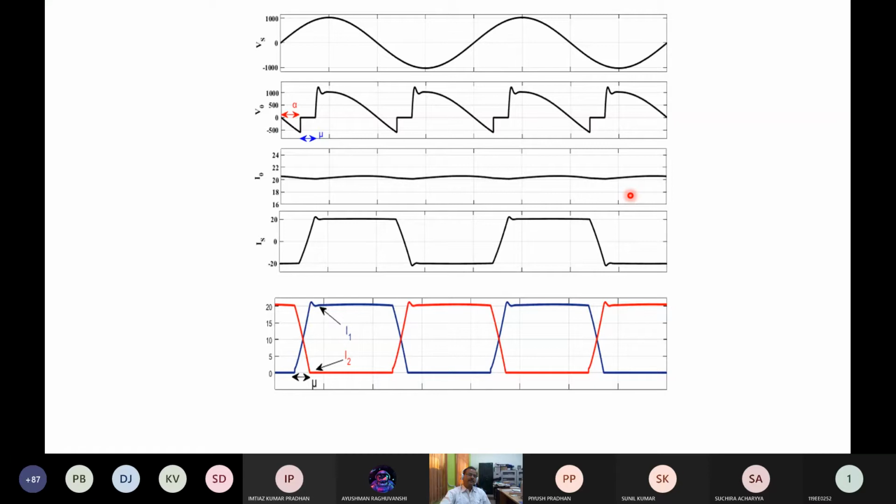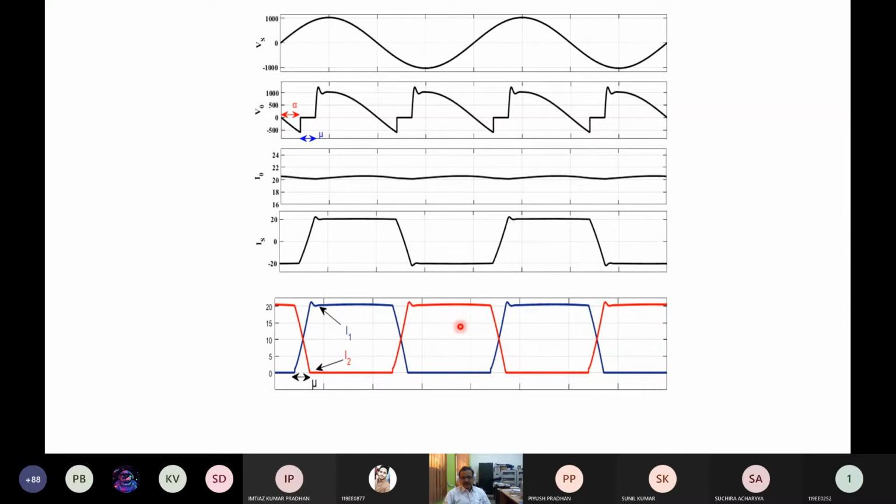Sir, why do we assume that our source impedance is inductive, purely inductive? You can take an RL load, but the source is inductive because maybe the machine is an alternator.